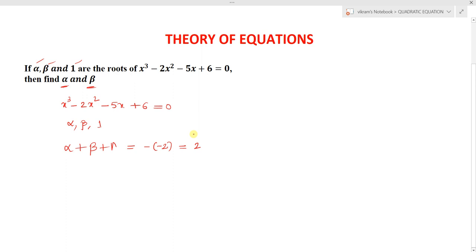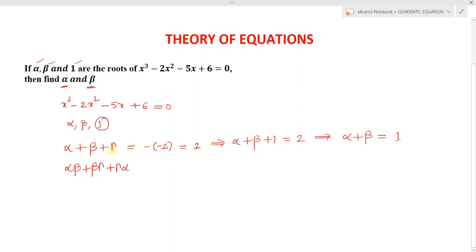Next, the sum of the products of the roots taken two at a time: alpha beta plus beta gamma plus gamma alpha. But here gamma is given as 1. So from alpha plus beta plus gamma equals 2, we get alpha plus beta equals 1.